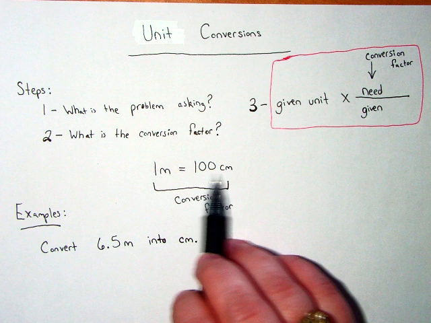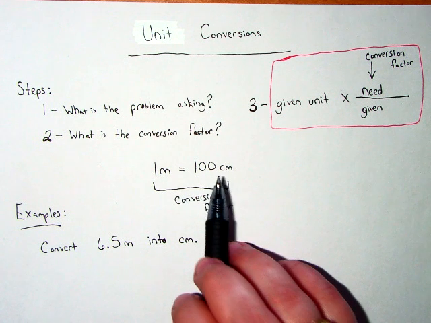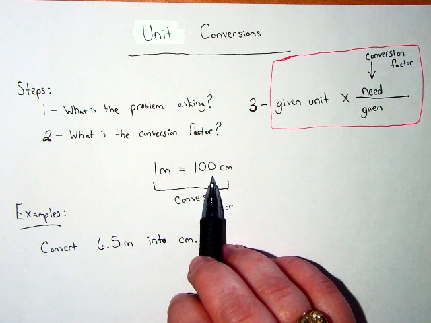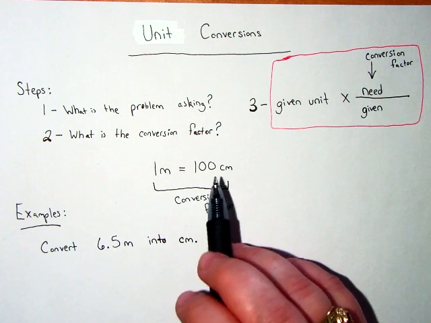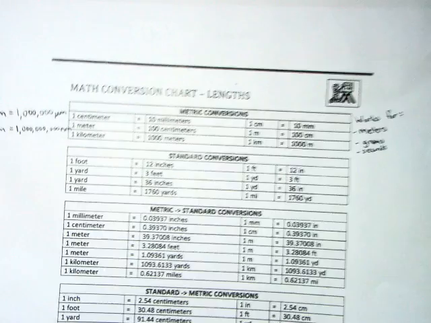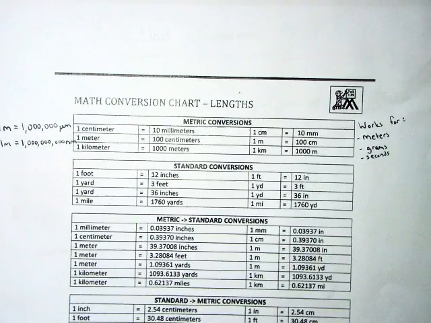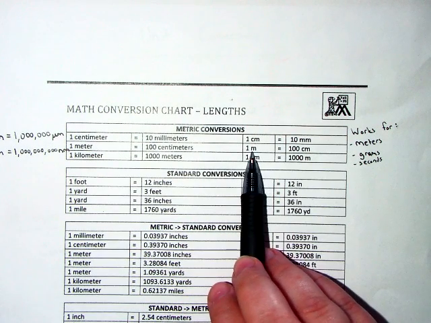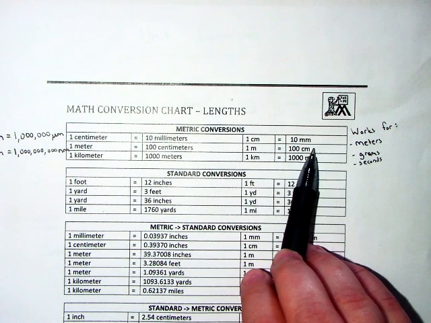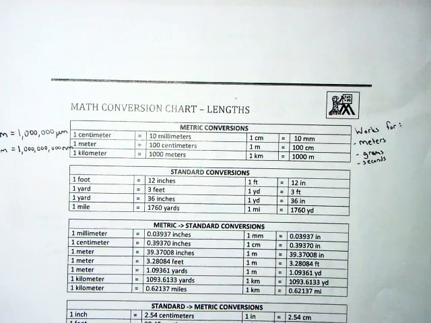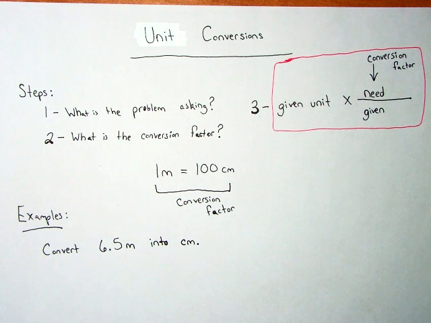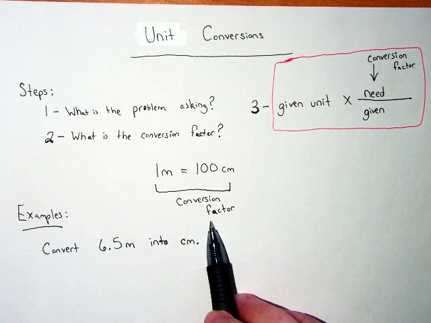These are widely known. You can look them up. There is a conversion table on Google Classroom that you can refer back to. I have one right here, so I can look on here. I can see 1 meter is equal to 100 centimeters. That is a fact. Okay, that's a conversion factor.